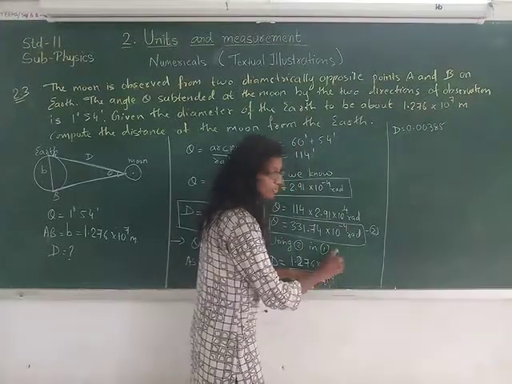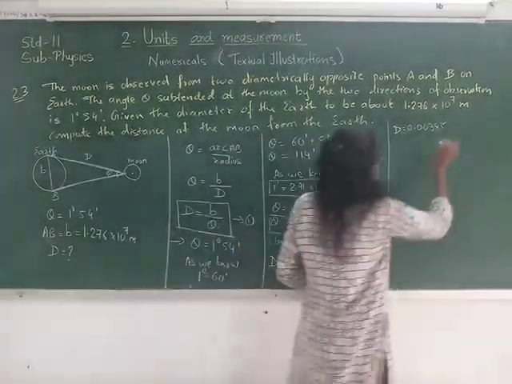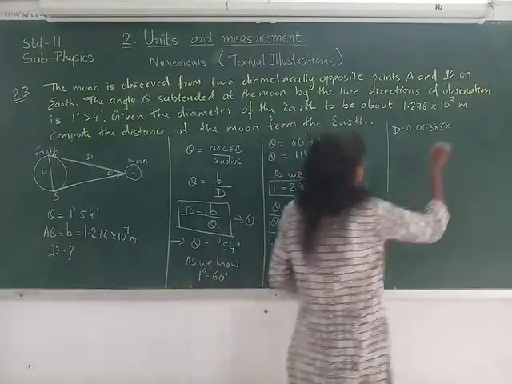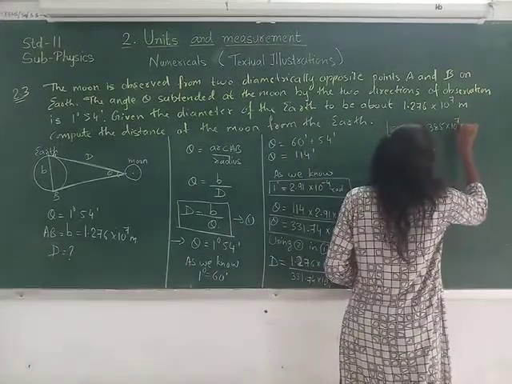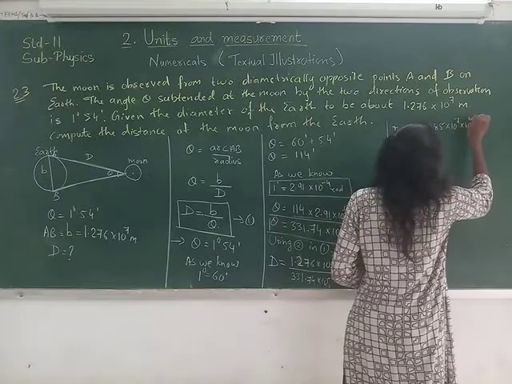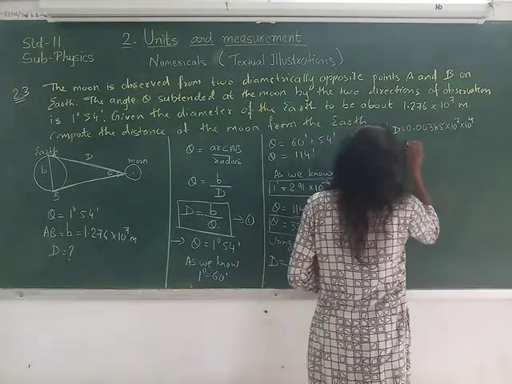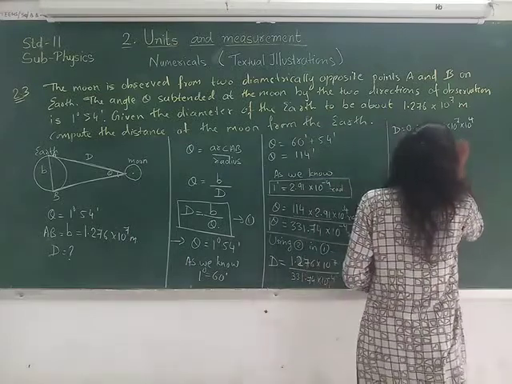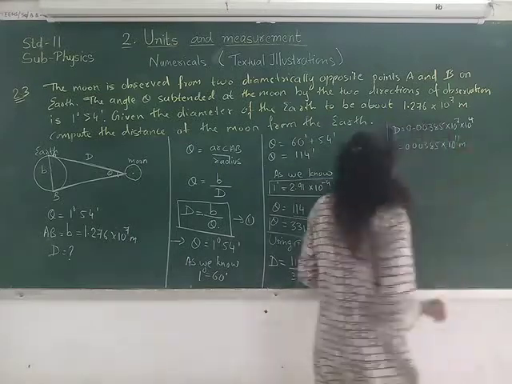Taking this minus 4 from the denominator to the numerator, 10 raised to 7 and minus 4 when shifted up becomes positive. So that will be 0.00385 into 10 raised to 11 meter.